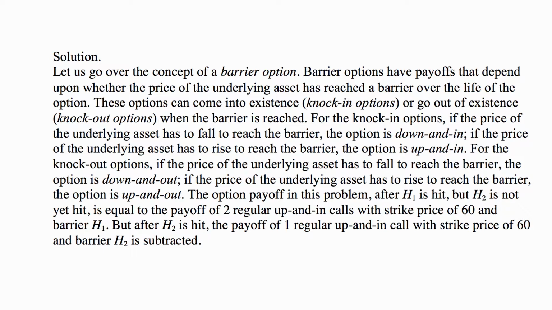Now the option payoff in this problem, after H1 is hit but H2 is not yet hit, is equal to the payoff of 2 regular up and in calls with strike price of 60 and barrier H1. But after H2 is hit, the payoff of 1 regular up and in call with strike price of 60 and barrier H2 is subtracted.